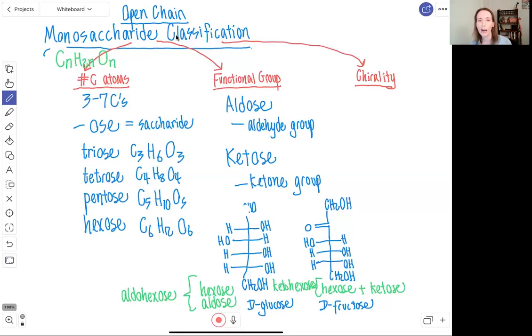The third way that we can classify these is based on the chirality of that monosaccharide unit, the stereochemistry of it, in other words. And when we talk about the chirality of these structures, we generally refer to carbohydrate monosaccharide units as presenting with either the D configuration, and we refer to those as D sugars, versus the L sugar.